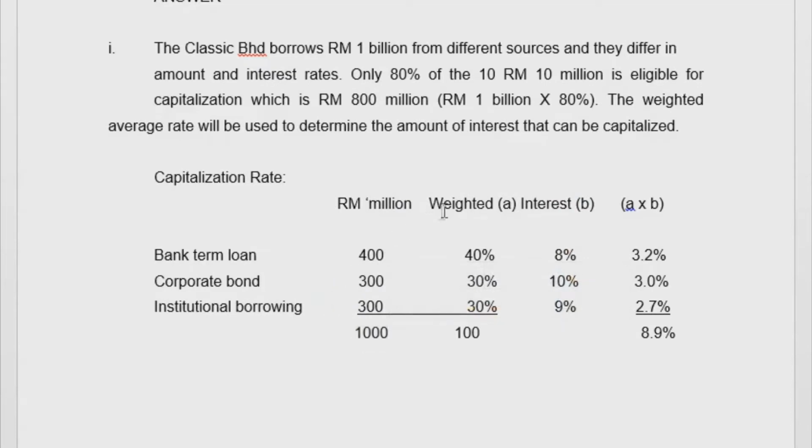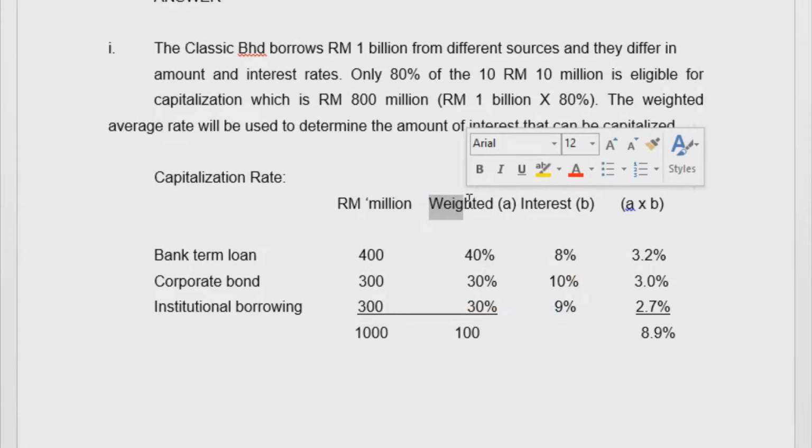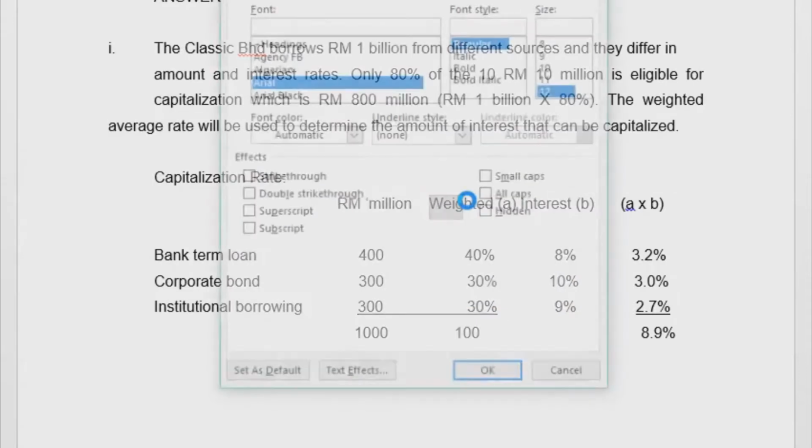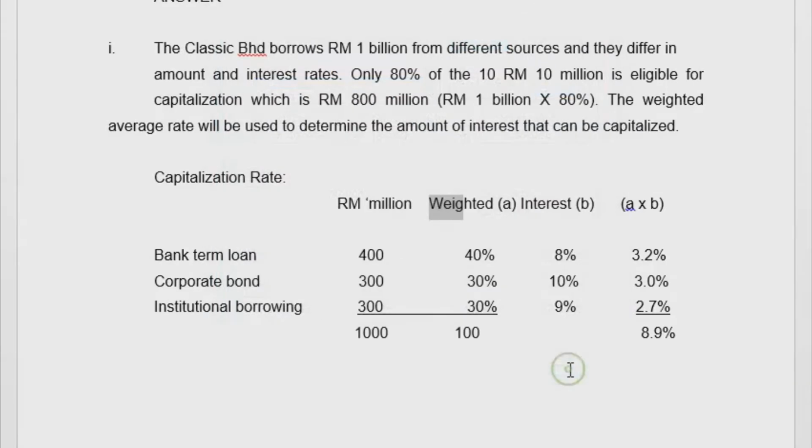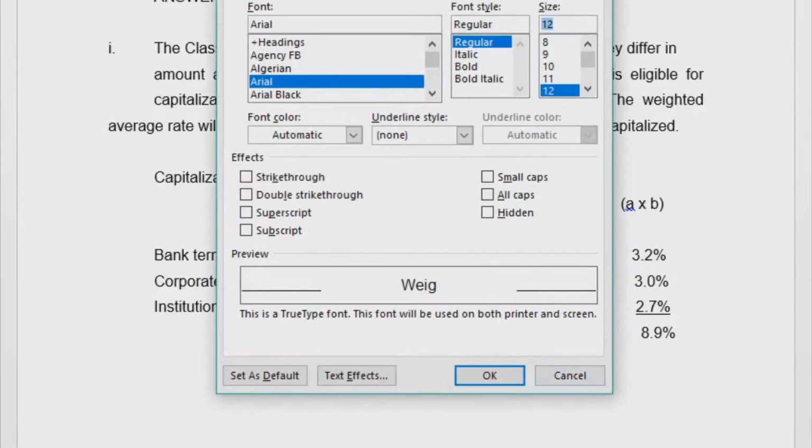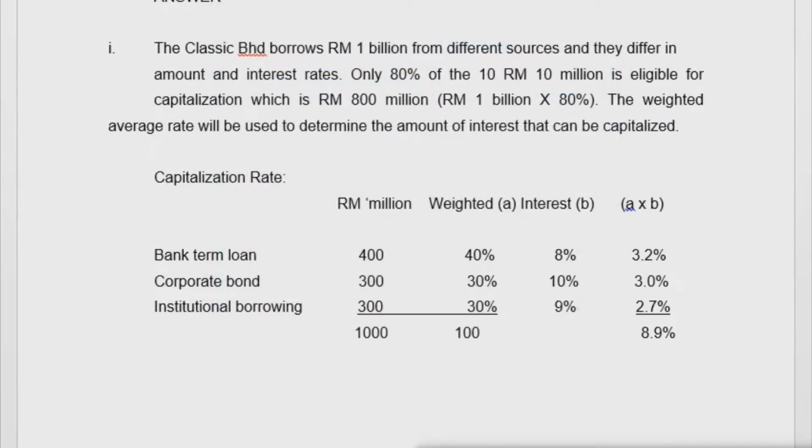Then we must next find the weighted average. After we have summed the total for these types of loan, we get 1000 million. Then we need to find the capitalization rate.